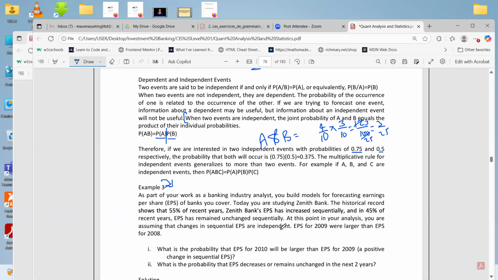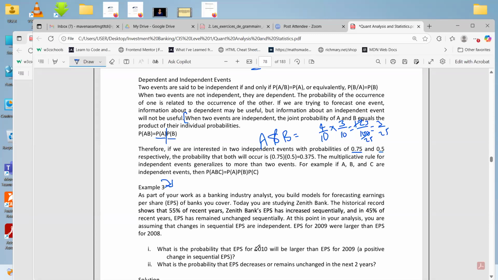At this point in your analysis, you are assuming that changes in sequential EPS are independent. That is established. EPS for 2009 were larger than EPS for 2008. So what is the probability that EPS for 2010 will be larger than EPS for 2009, a positive change in sequential EPS? What would that be?